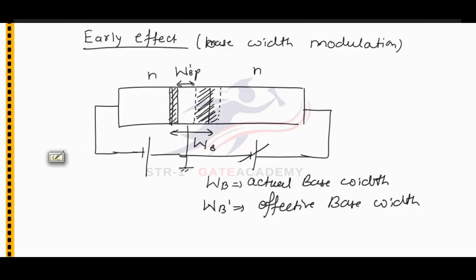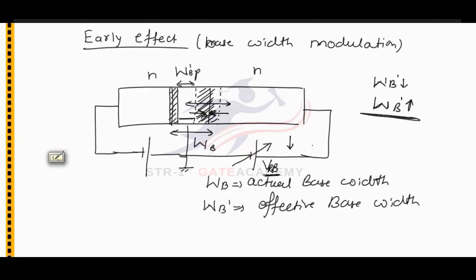When this reverse bias voltage is increased, the depletion layer width at this junction will increase, and if the depletion layer width is increasing, the effective base width WB dash of the transistor decreases. If we decrease this reverse bias voltage, the depletion layer width decreases, and the effective base width WB dash increases.